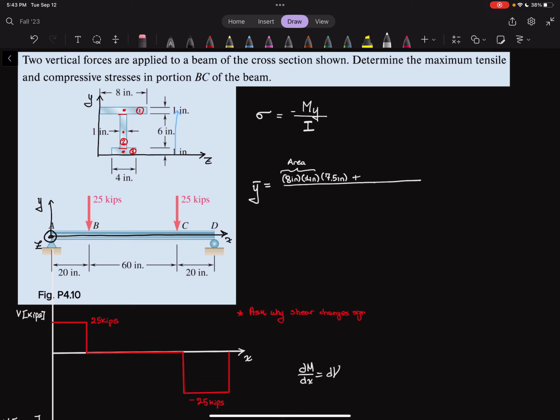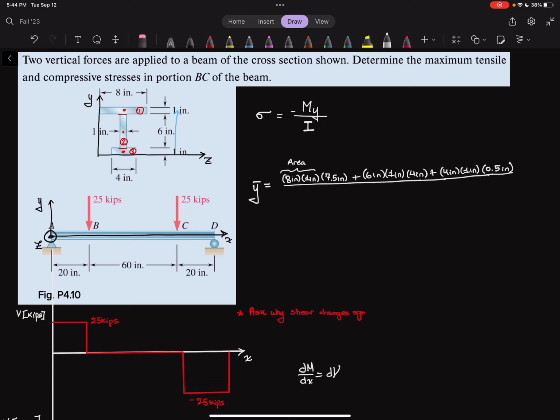Now, we're going to add the area of the middle rectangle, which is 6 inches times 1 inch, multiplied by the y location of the centroid, which is going to be 3 plus another 1, so that's 4 inches. And then finally, we have one more shape, with a base of 4 and a height of 1. So that's 4 inches times 1 inch, multiplied by the y location of its centroid, which is 0.5 inches.